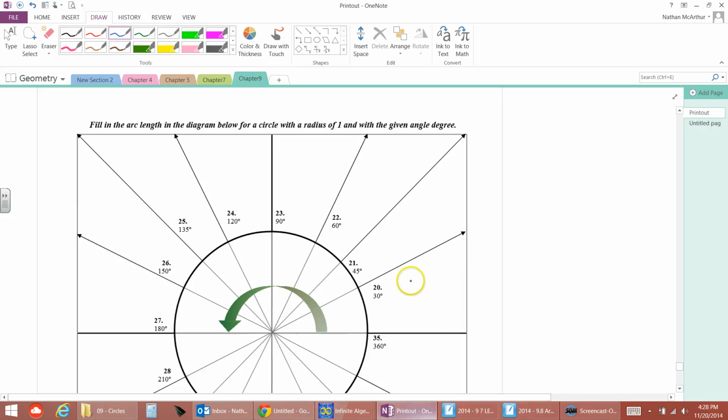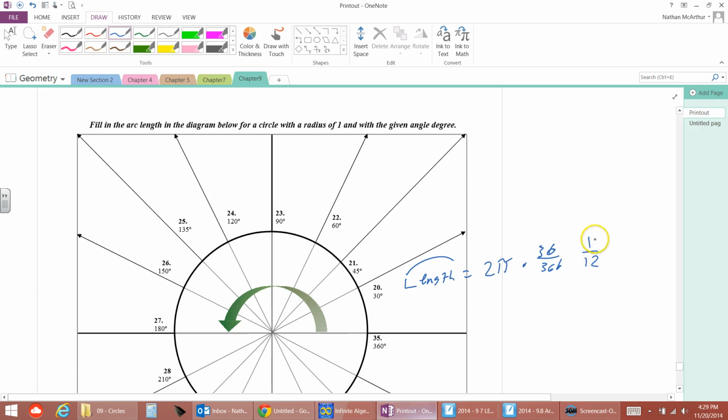So in our formula, we say the arc length right here is equal to 2 pi r, but r isn't there. There is no r. We don't have to worry about that. Times by 30 over 360. So we reduce the fraction down, and we're left with 3 over 36. This gives us 1 over 12.